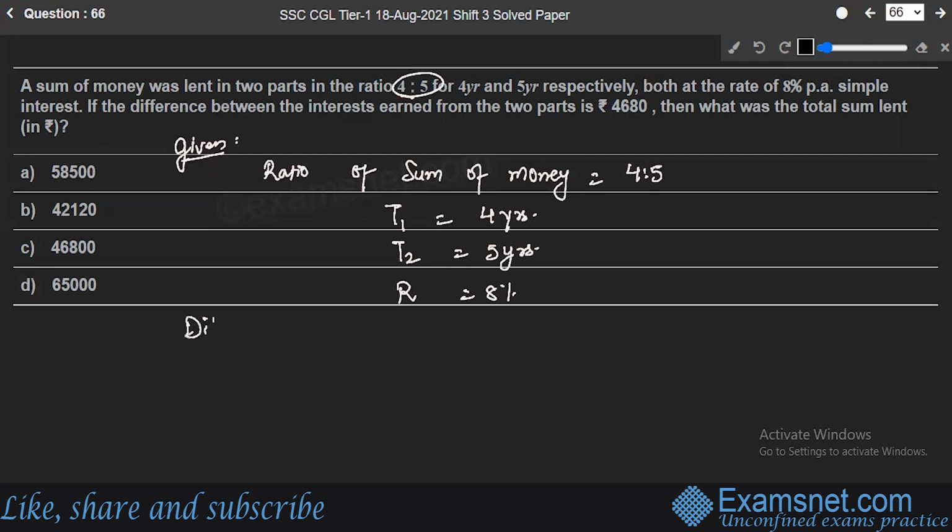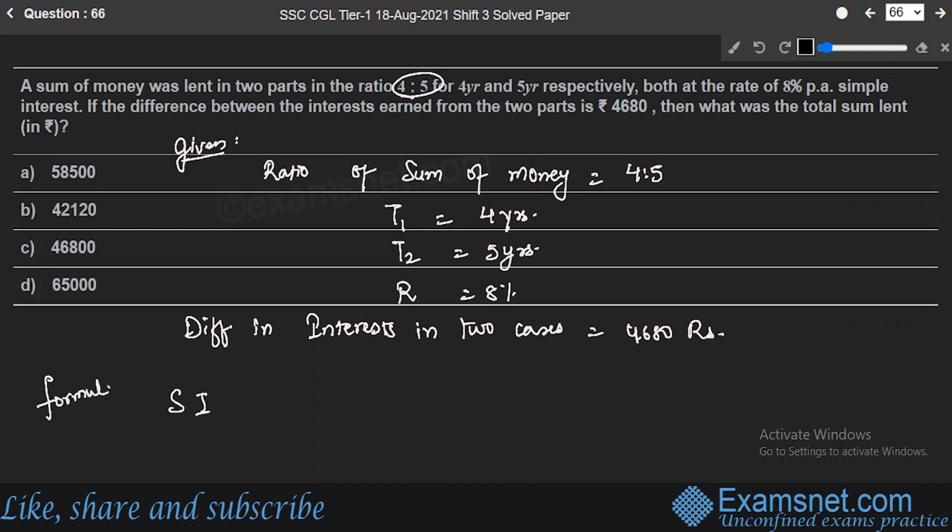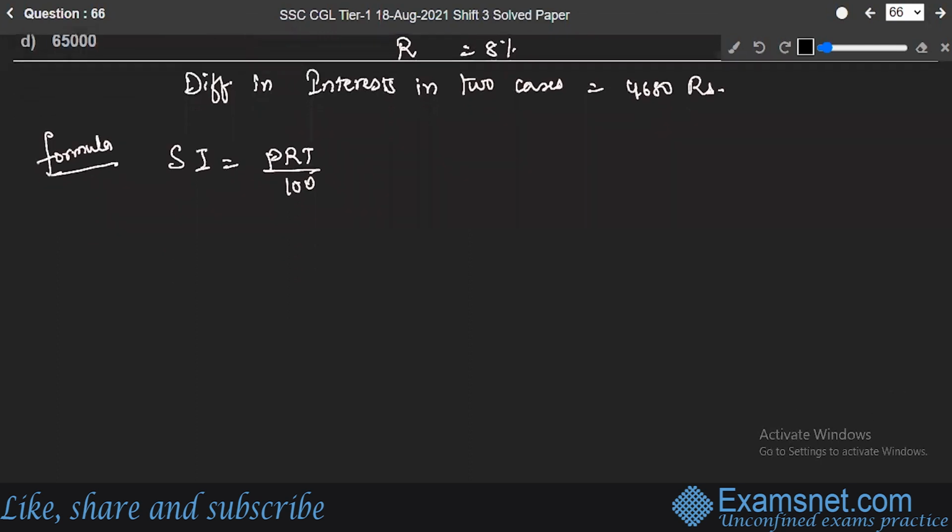Also, difference in interests in two cases is 4680 rupees. Okay. So, you know the formula for simple interest? Formula PRT upon 100. That's principal into rate into time upon 100. So let's start with the sum.